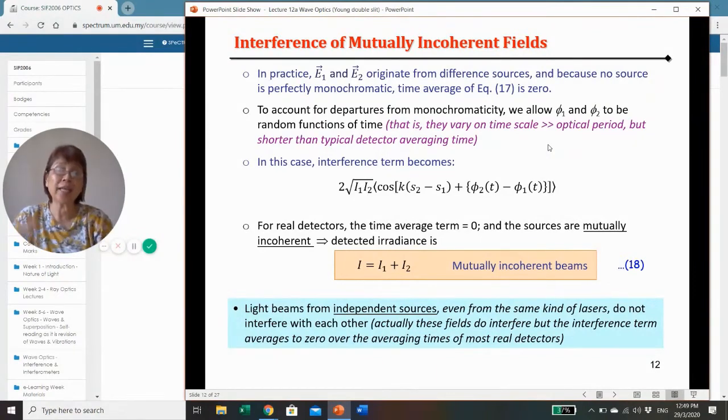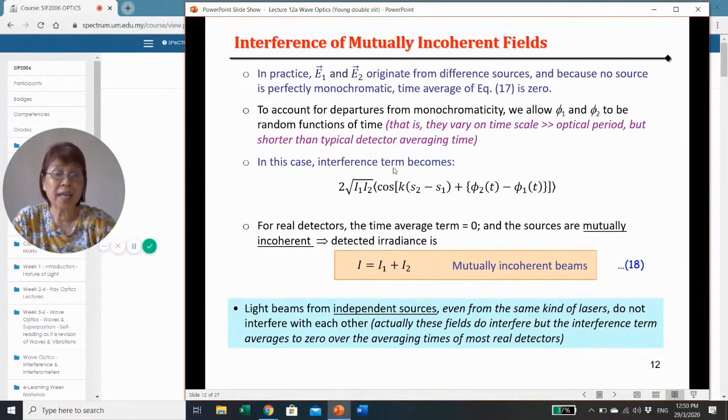Okay, so in that case, the interference term would be written as follows. We insert the delta function here, but we lump up the initial phase difference. The time average term will be 0 because the sources are mutually incoherent, because we are now talking about interference of mutually incoherent fields.